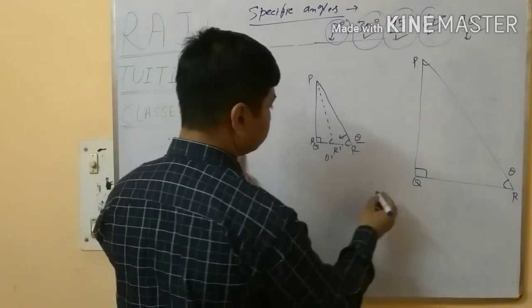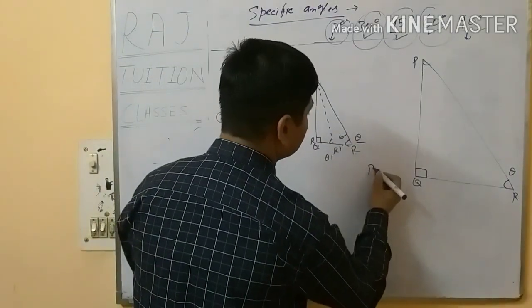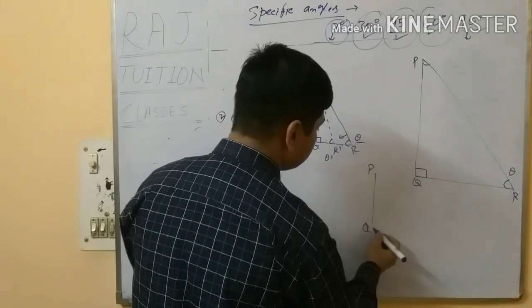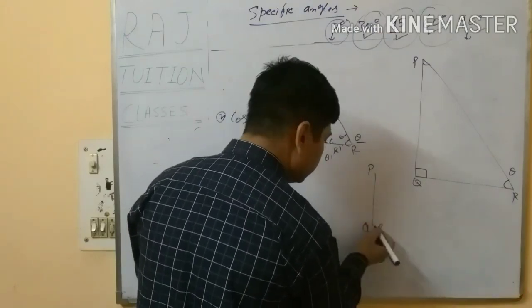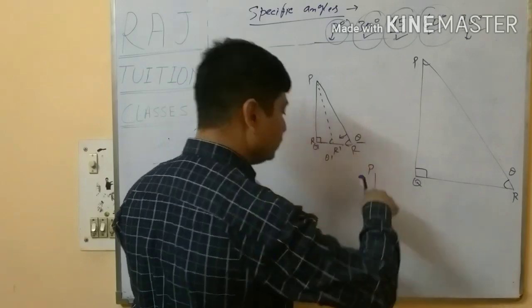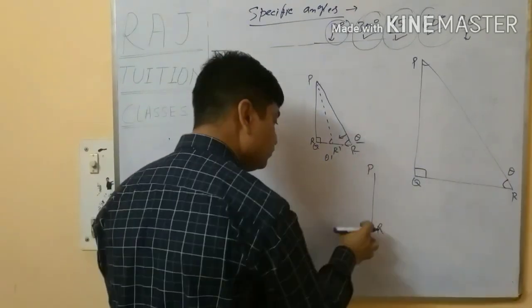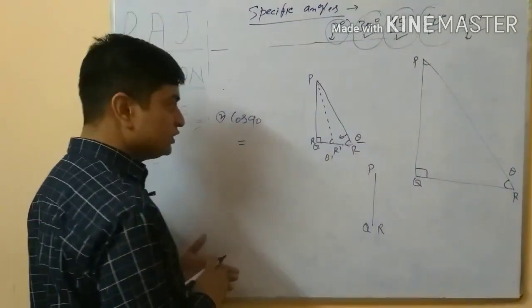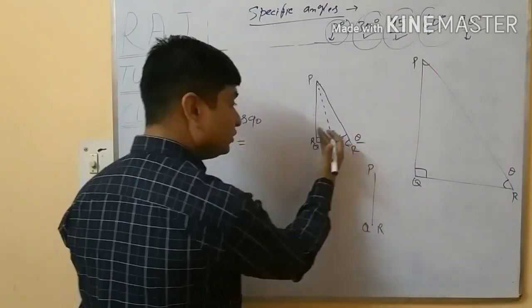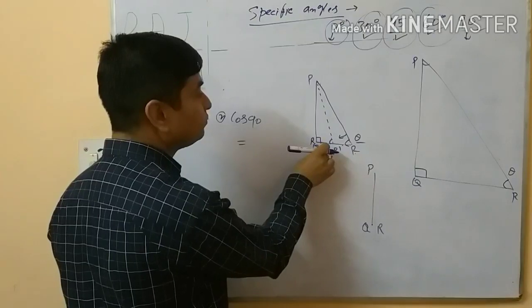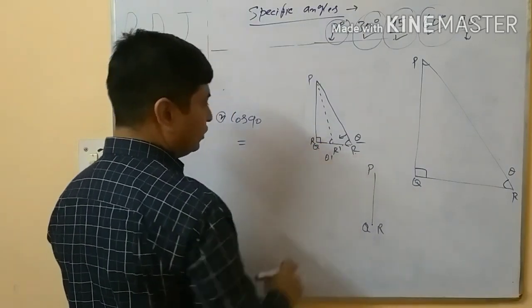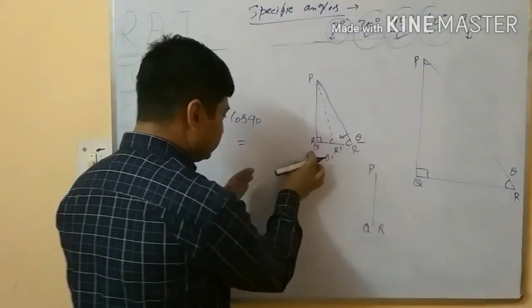I need to redraw it: it is P, it is Q and it is also R. Over Q there is R. So there are 2 points, Q and R. Why are there 2 points? Because we have rotated it. We have shifted R to Q.